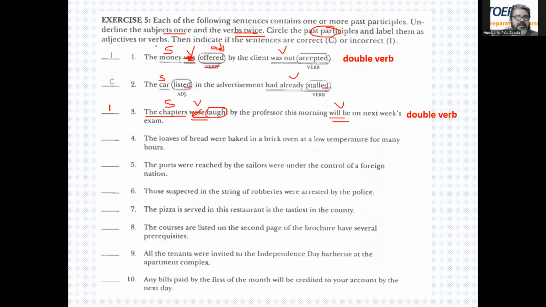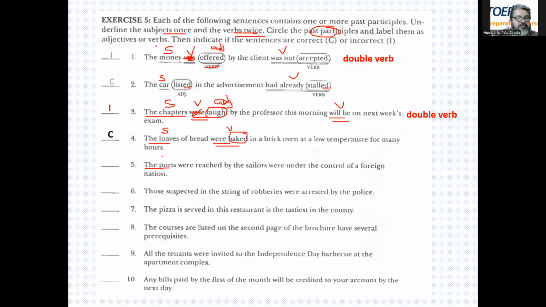Okay. So we eliminate this one, and this could work as an adjective. The loaves of bread were baked in a brick oven at a low temperature for many hours. So we've got the subject, the verb, the auxiliary, everything's fine.